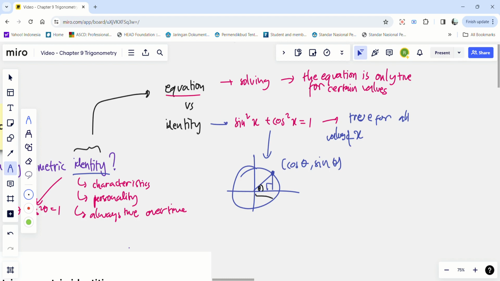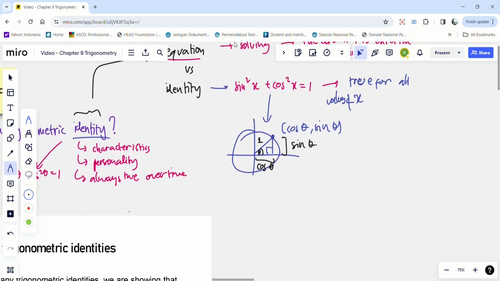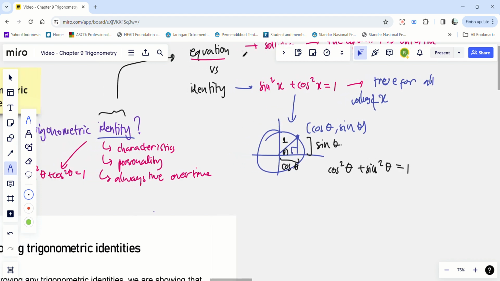So here it's cos theta, while here the height is sine theta. While we know it's a unit circle, the hypotenuse must be 1. So by using the Pythagorean theorem, you can have cos squared theta plus sine squared theta equals 1, or basically just swap the order, sine squared theta plus cos squared theta equals 1. So that becomes one basic identity of trigonometry.